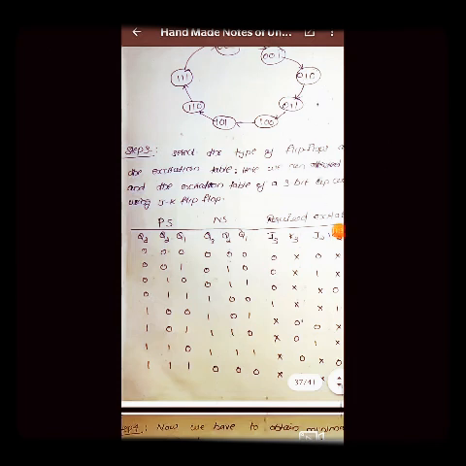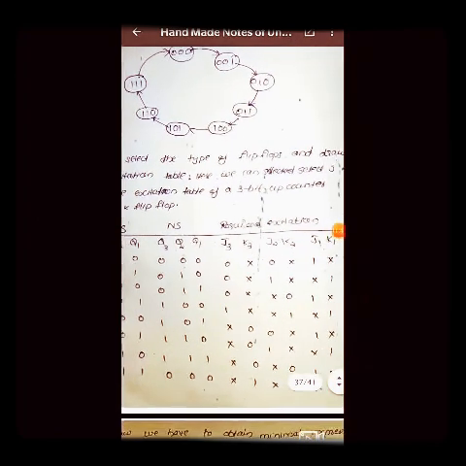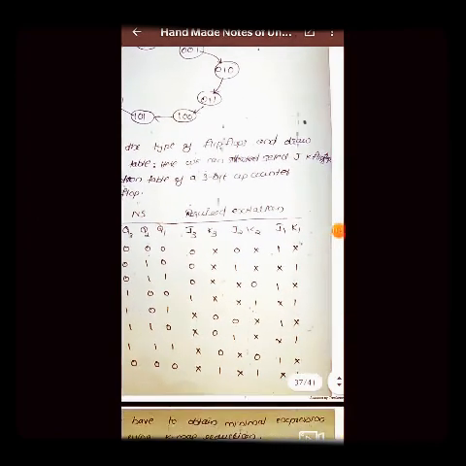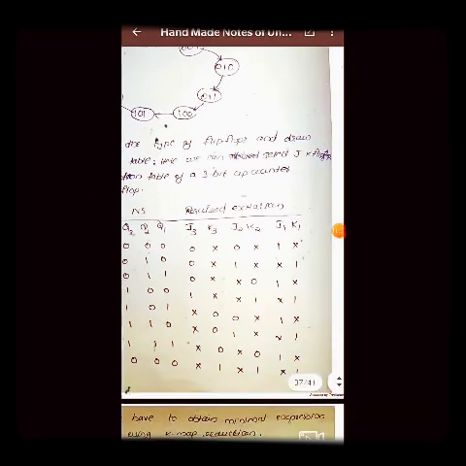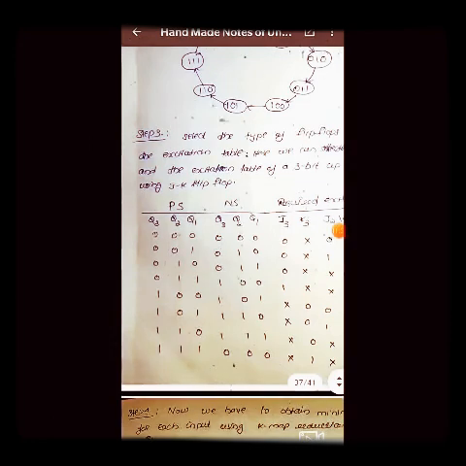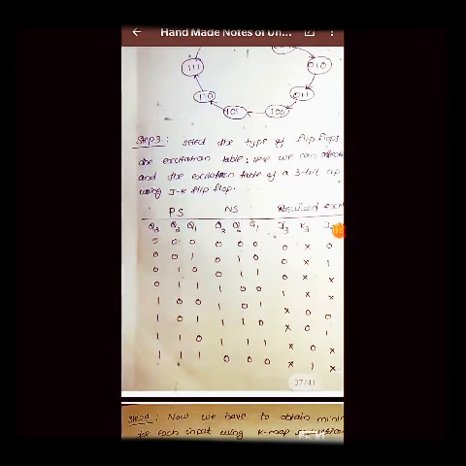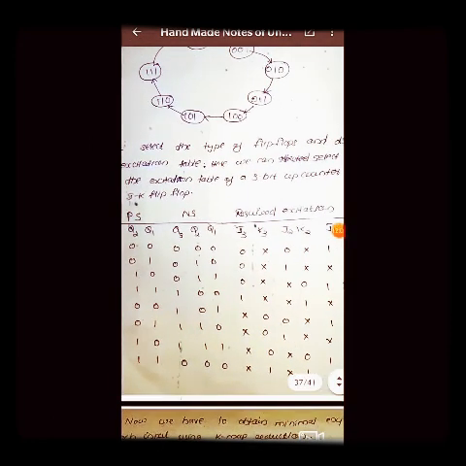In the same way, we can find the value for Q2. The values of Q2 of present state and Q2 of next state are 0, 0. For these inputs, what are the values of J2 and K2? It should be 0 and cross, same as J3 and K3. Now the next is Q1. Q1 of present state is 0 and Q1 of next state is 1.